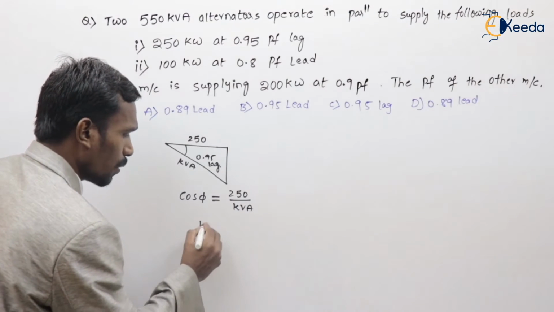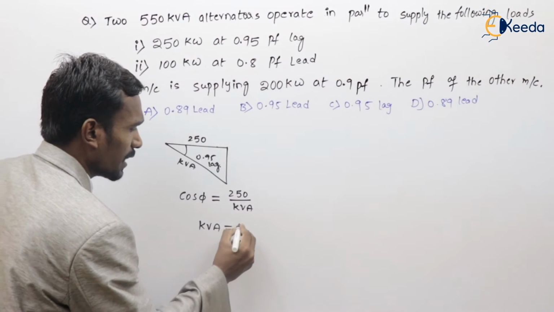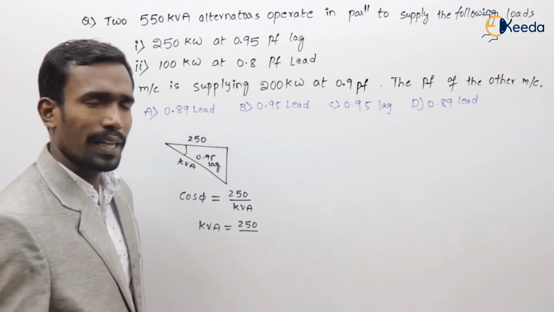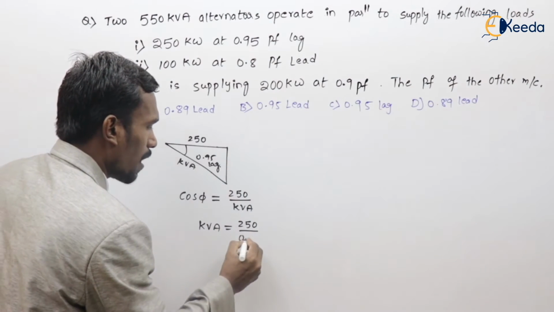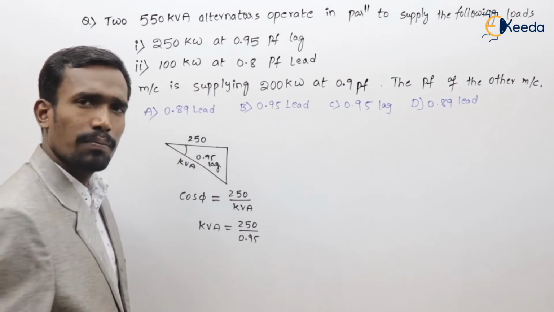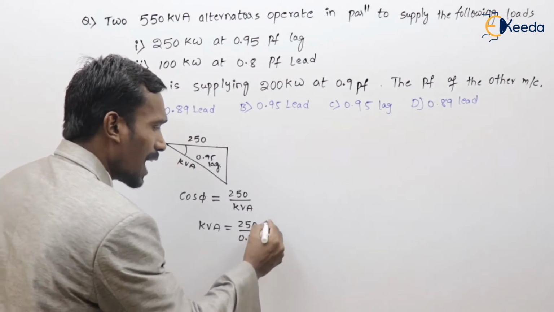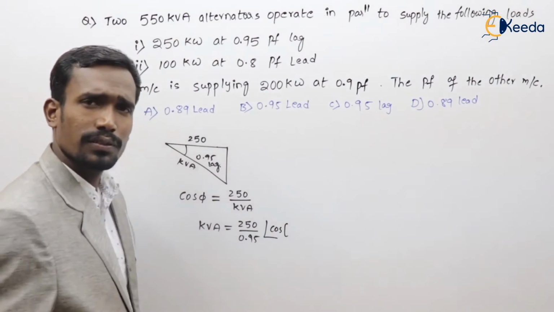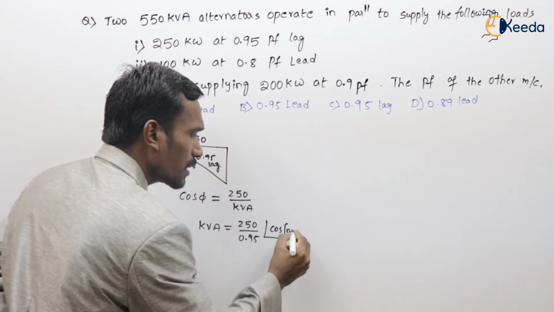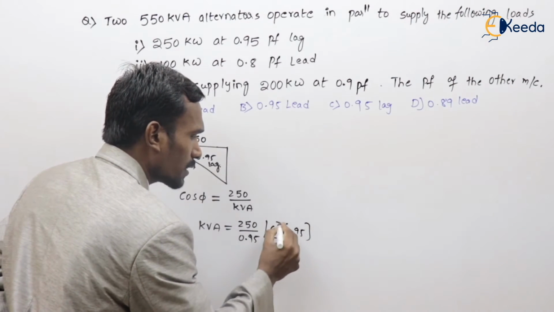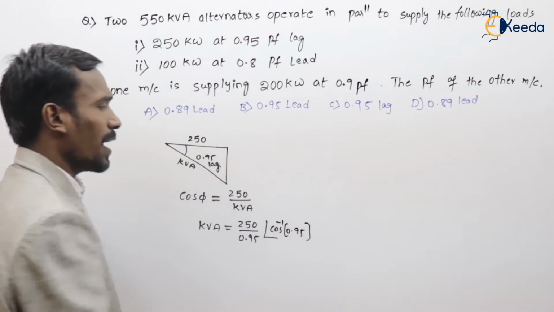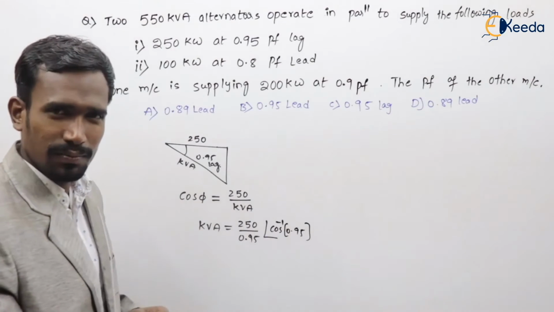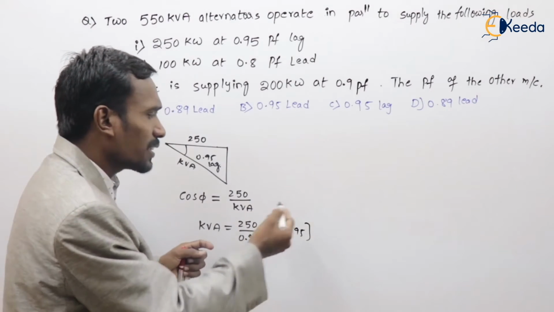So now tell me, what is our kVA? kVA is equal to 250 divided by the power factor cos phi. What is my cos phi? 0.95. The angle is cos inverse of 0.95. This is my kVA at an angle.